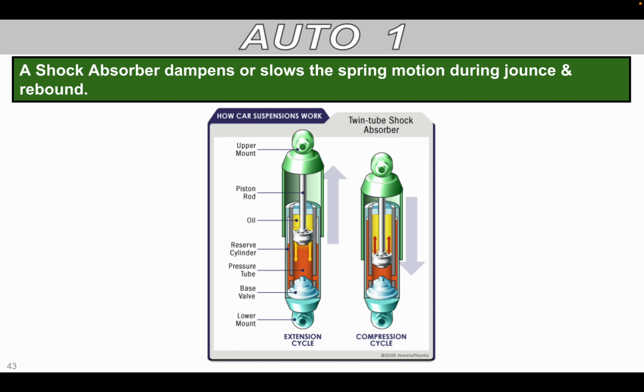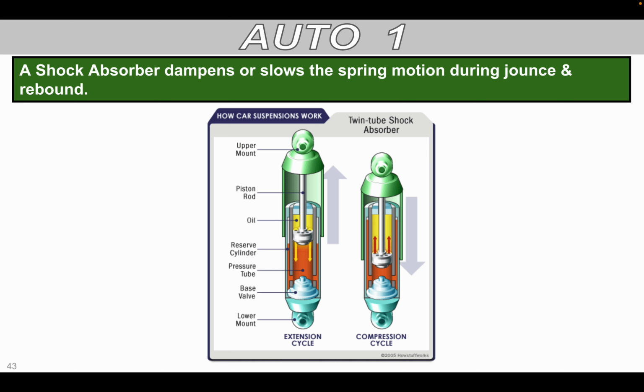So what we actually have to do, in combination with our spring, is add some way to dampen or slow down the jounce and rebound energy that the spring is absorbing. So we're going to attach a dampener to dampen the spring energy, to slow it down.